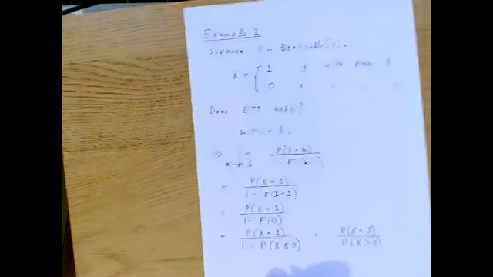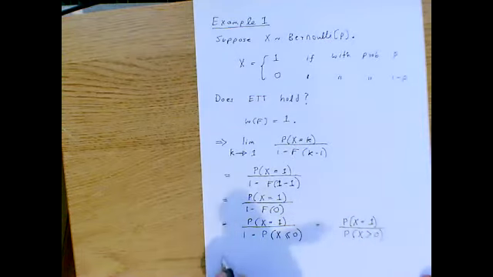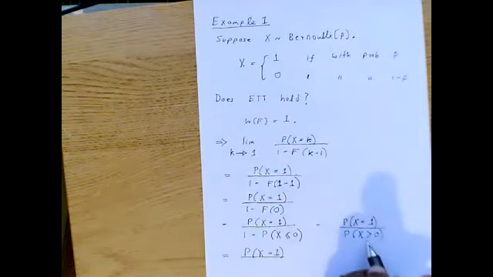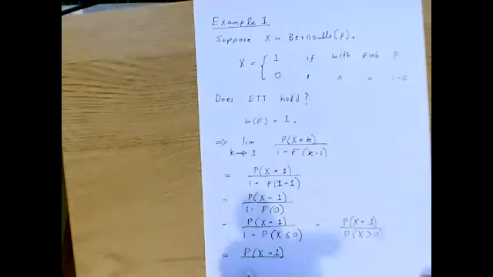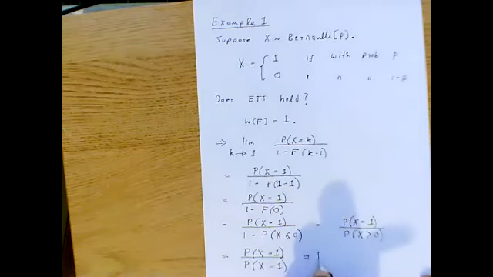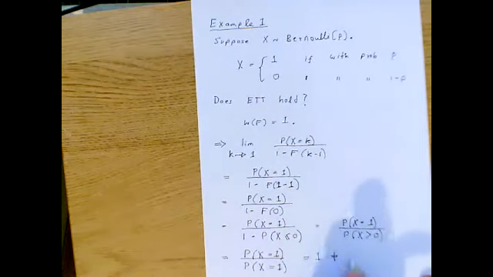And this is the probability that X equals 1. Now, if X is greater than 0, then the only possible value X can take must be 1. So this is clearly equal to 1, and this is clearly not equal to 0.